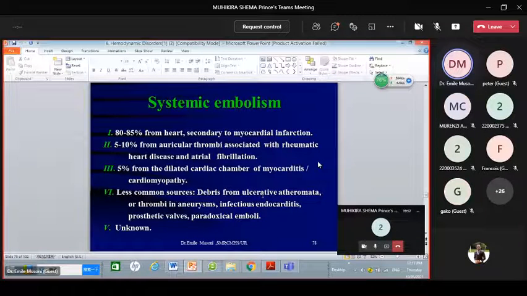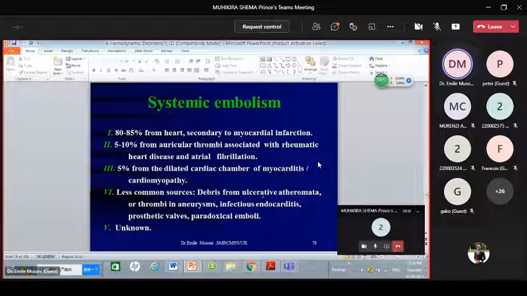Systemic emboli. This one will cause death. 90 to 95% are from the heart, secondary to myocardial infarction. 5 to 10% are from auricular thrombosis associated with rheumatic heart disease and atrial fibrillation. 5% are from dilated cardiac chambers of myocarditis, in case of inflammation of the myocardium.